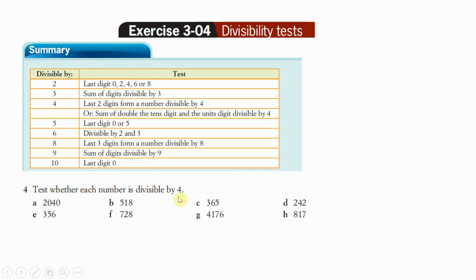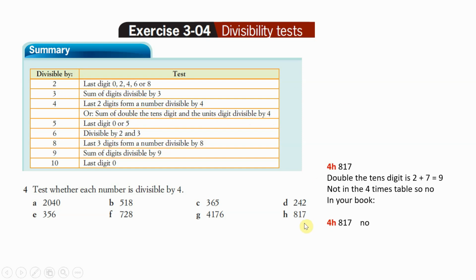Divisible by 4. For this one, I'm going to do this test: sum of double the tens digit and the units digit divisible by 4. That sounds a bit complicated, but it's not really. I picked the last one again, and it says sum of double the tens digit. The tens digit is, as it always is, the second last number.